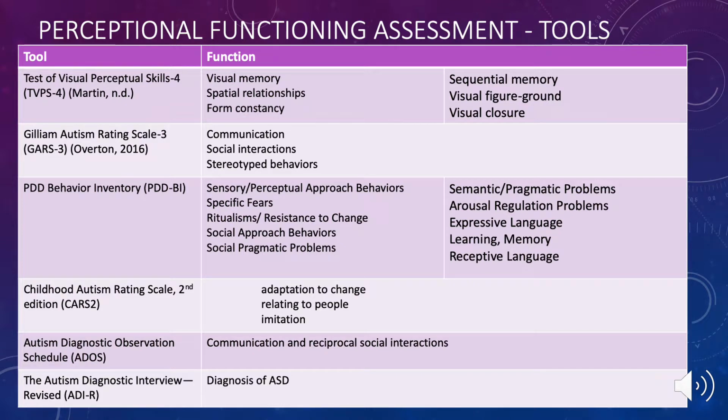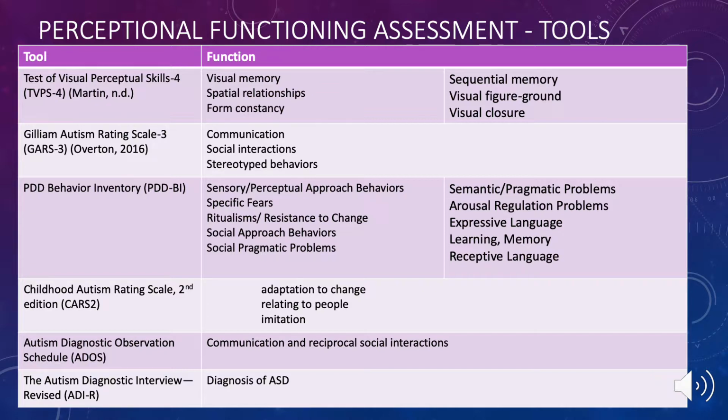So here are some of the tools that are used to help with perceptual functioning assessment. Again, this is not an exhaustive list, but a list of very common tools that are used. They include a test of visual perceptive skills, and they test form constancy, spatial relationships, sequential memory, visual closure.